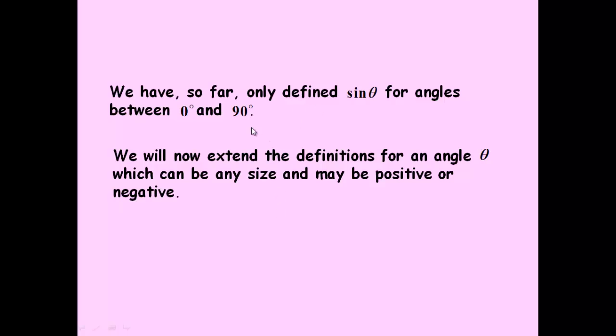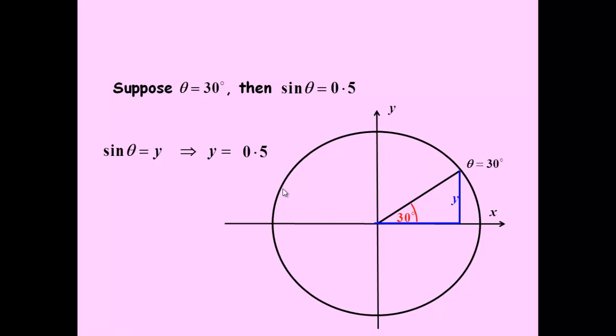Okay, well we've only looked at between 0 and 90, but we're now going to extend our definitions so we can look at any angle theta, whether it's positive or negative. Well, when theta is 30 here, sine theta is 0.5.